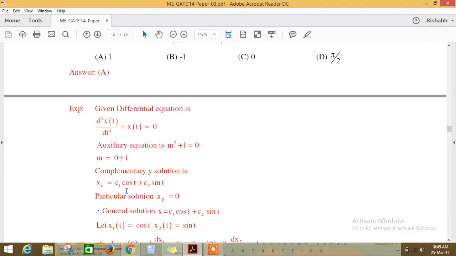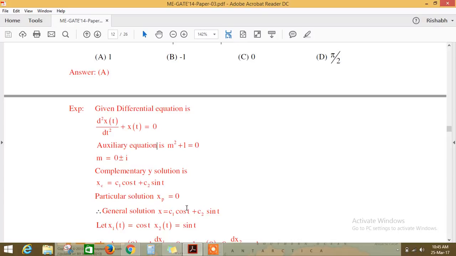After writing the complementary solution xc of this differential equation, you will get this. There is no particular solution, because the right hand side of the differential equation is 0. The general solution is the complementary solution plus the particular solution, and since the particular solution is 0, the complementary solution is the general solution itself.